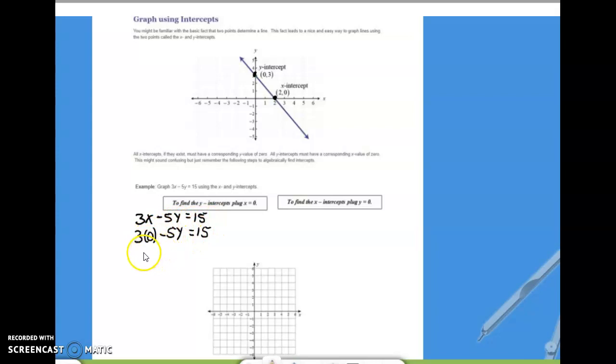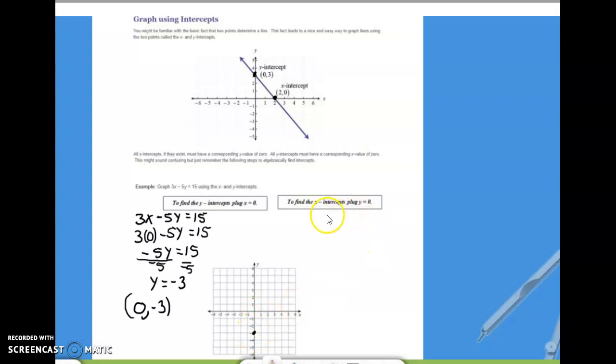So you have negative 5y equals 15. Divide. So y equals negative 3, because that's the y-intercept. Because again, x was 0, and y is negative 3. So you could plot that one. That's going to be here.